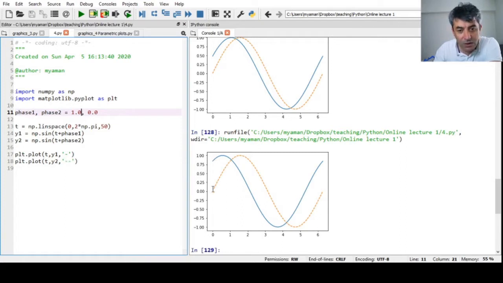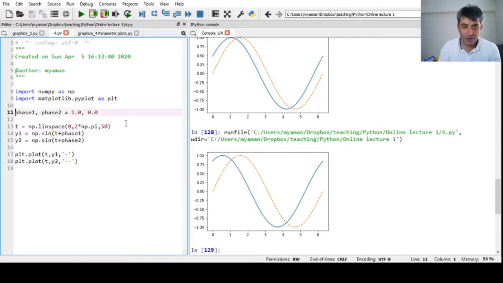The next one will get to those numbers only after about 1 radian, in time, 1 second in other words. Okay, so phase shifts the signal in time.